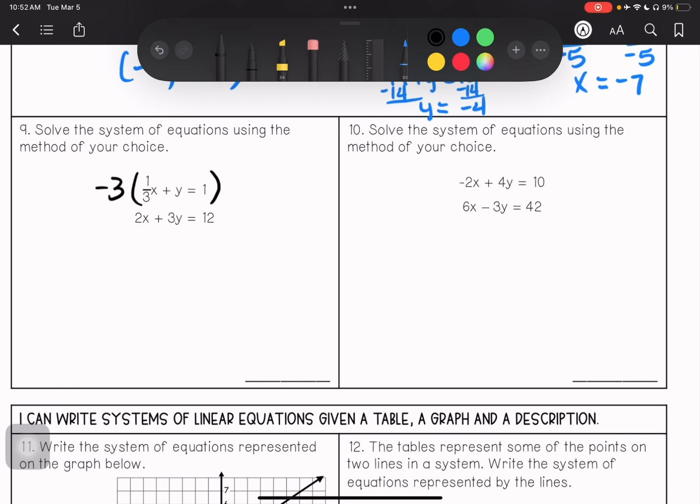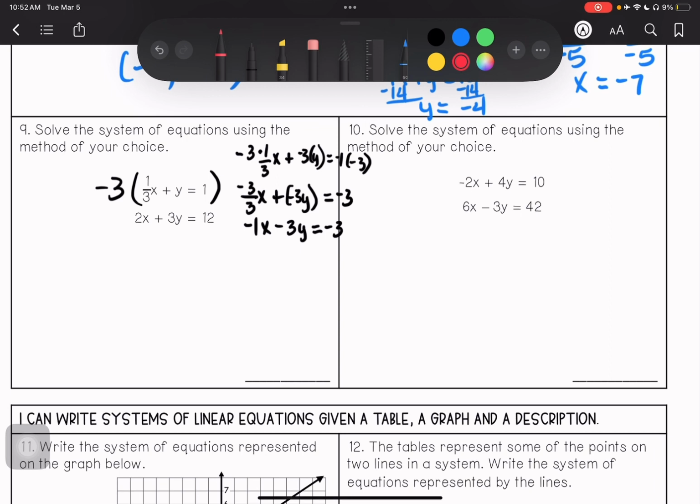So when I multiply negative 3 times 1/3 x plus negative 3 times y equals negative 3 times 1, that gives me negative 3 divided by 3 x plus negative 3y equals negative 3, which gives me negative 1x minus 3y equals negative 3.